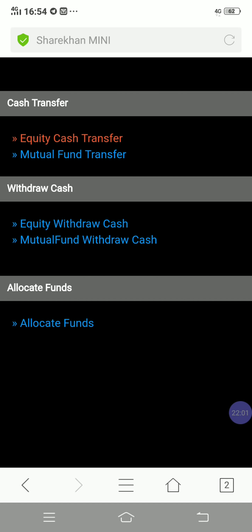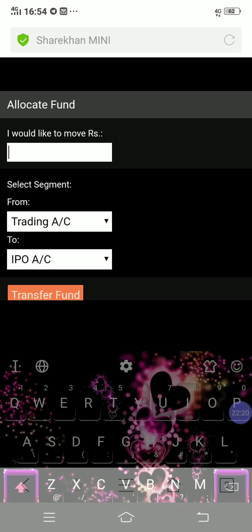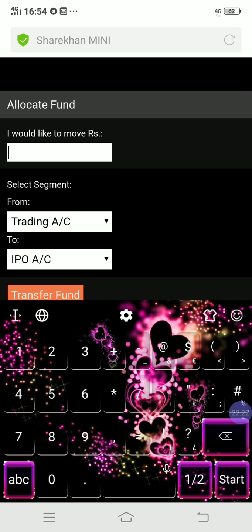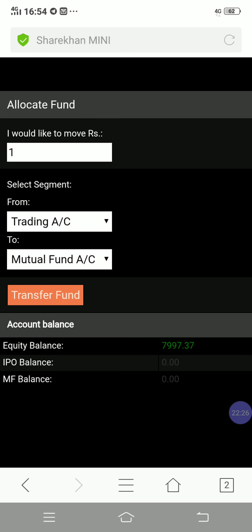And allocate funds is for when you have some funds in your equity segment, and probably tomorrow you have an SIP for which the amount needs to be deducted. Then what you can do is allocate your funds. Just click on allocate funds. I would like to move 1 rupee, for example, from trading account to mutual fund account.